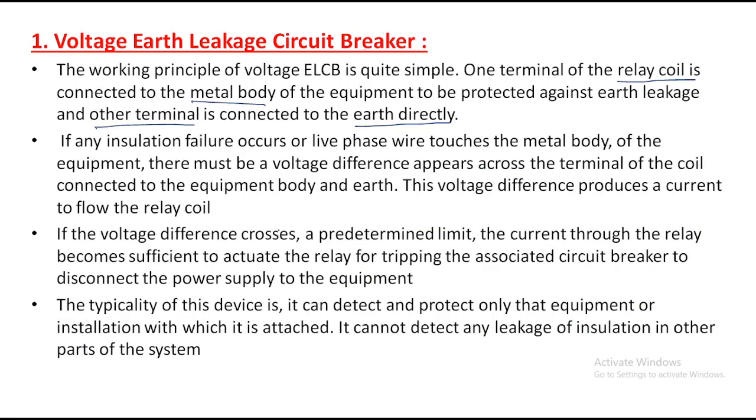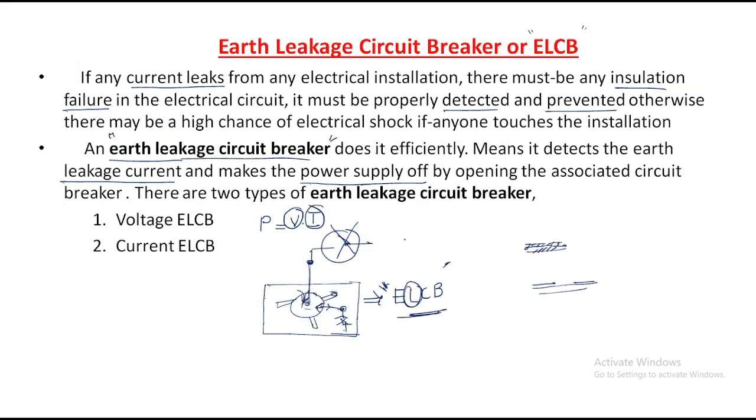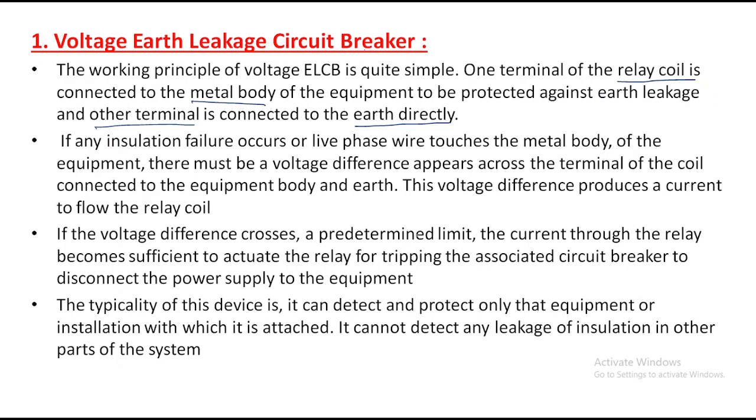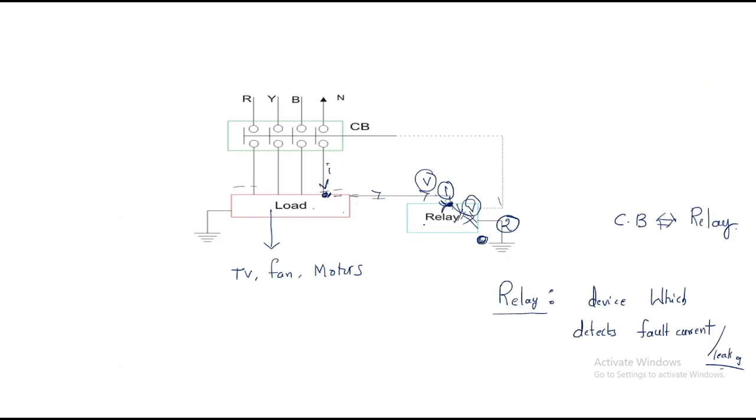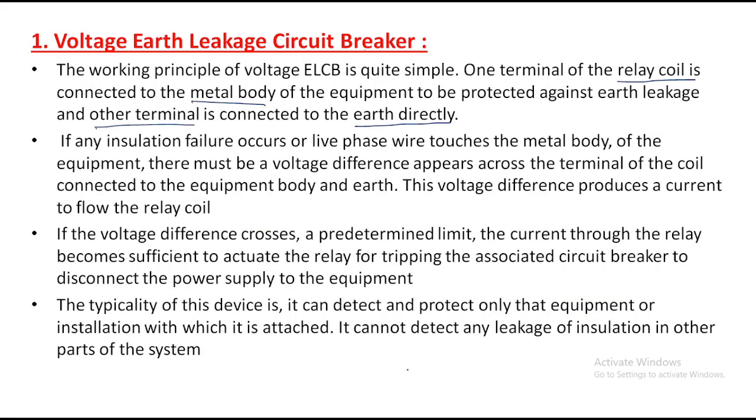If the voltage difference crosses a predetermined value, for example 0.1 volts, there is no problem below 0.1 volts. But if it crosses 0.1 volts, the current through the relay becomes sufficient to actuate the relay for tripping the associated circuit breaker.